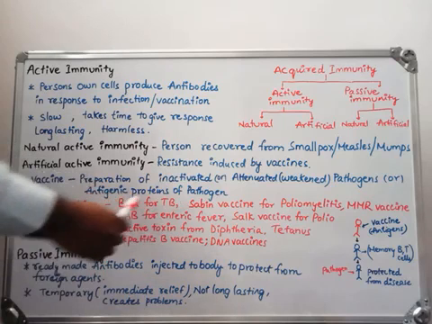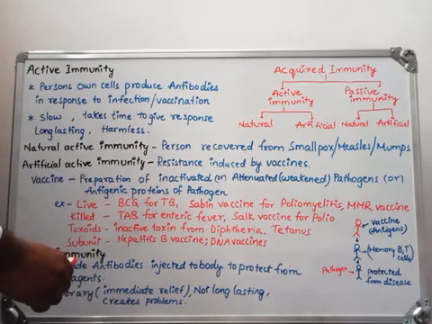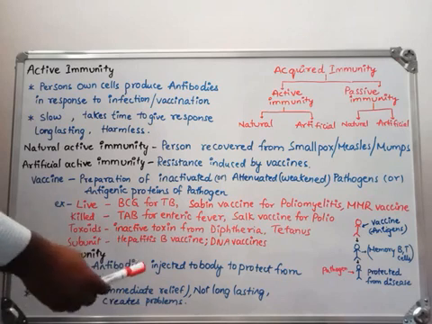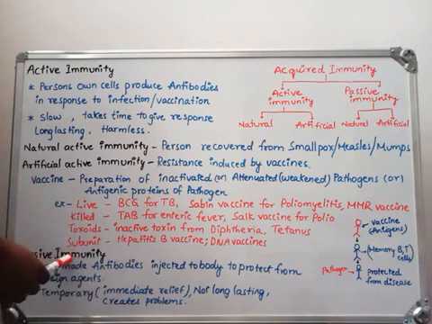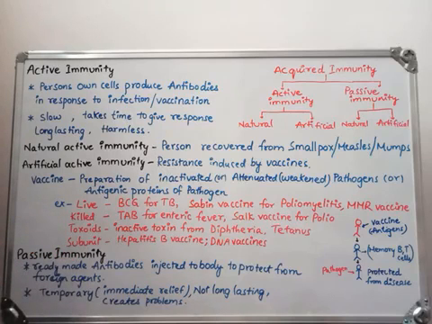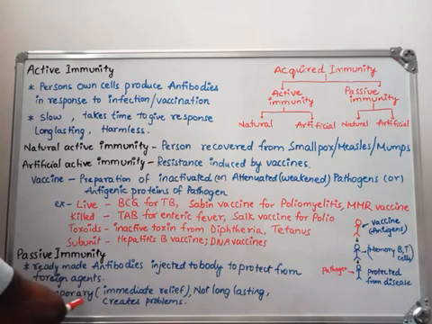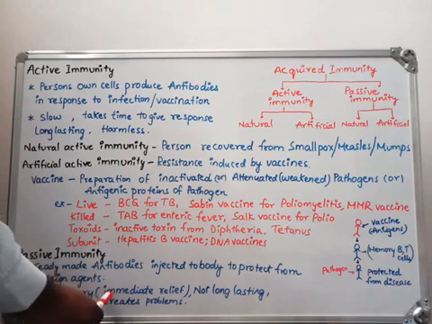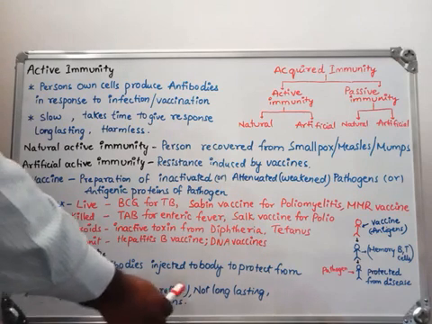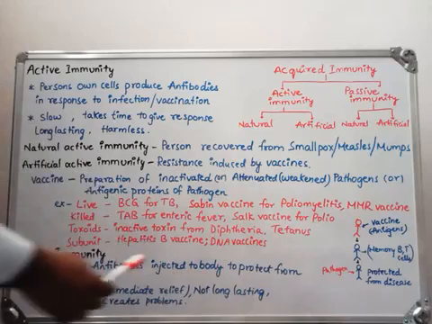There is a direct antigen-antibody interaction, and there is no involvement of the immune system here. That's why we call it passive immunity. Now if you observe carefully, there are properties I have given. It is a temporary type of reaction. Why? Because there is immediate relief, but it is not long lasting.